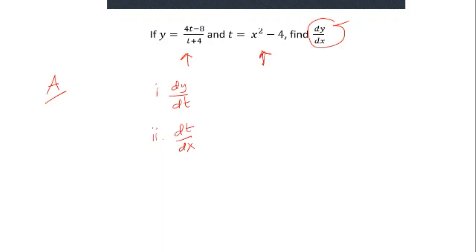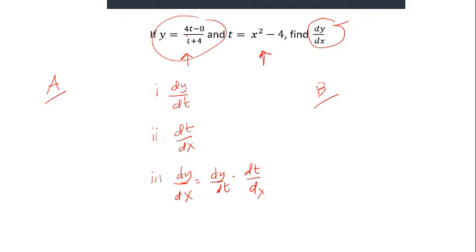And then the third step is we multiply the first and second to get the derivative of y with respect to x. dy over dt times dt over dx.